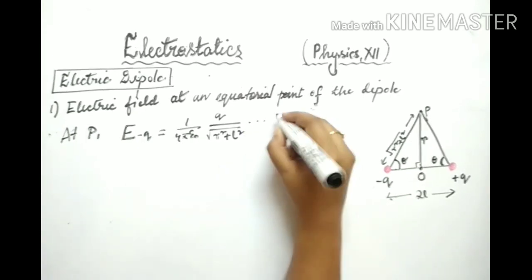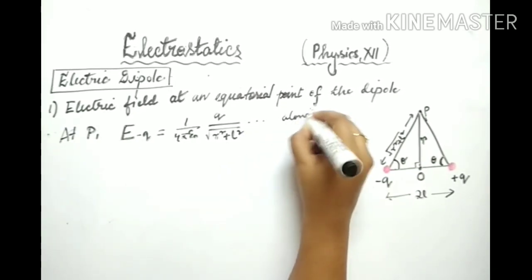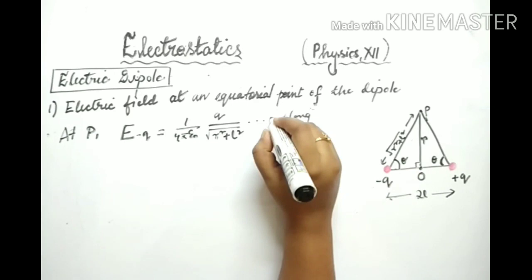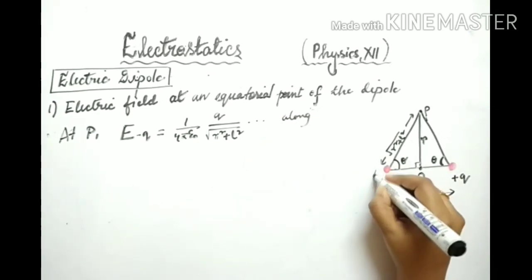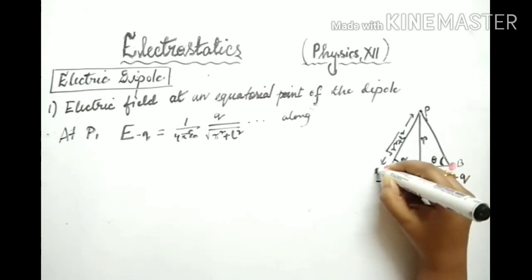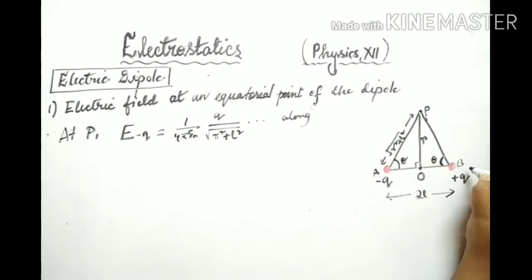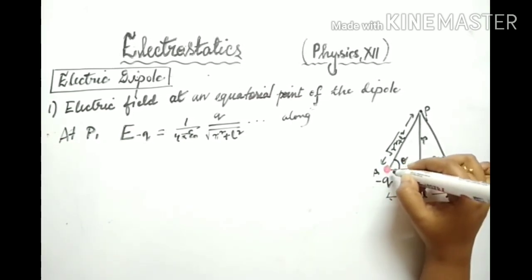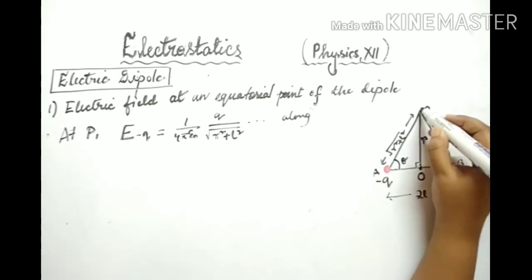And it is directed along which direction? If this is point A and this is point B, imagine again that there is a plus 1 charge kept here.